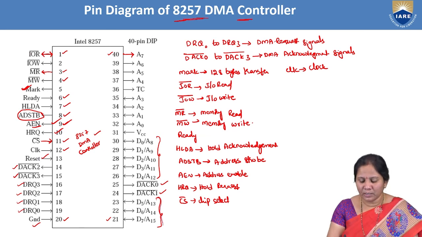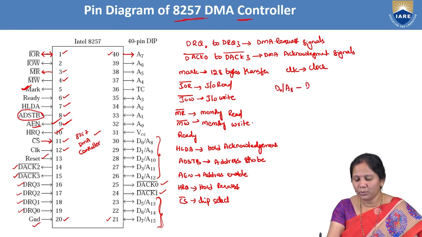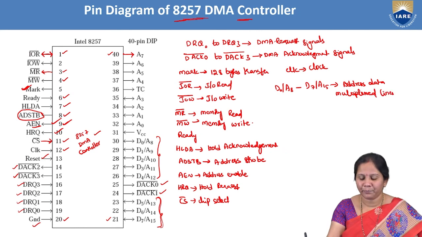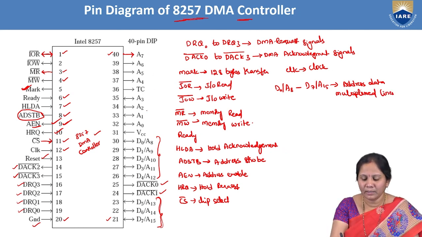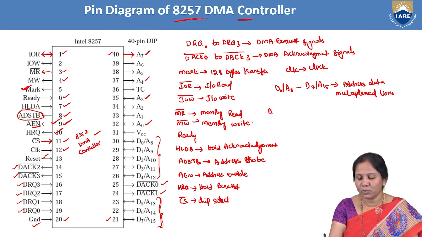Next we have D0/A8 to D7/A15. All these are address data multiplexed lines. And here we have A0 to A3 and A4 to A7, so totally we have A0 to A7, all of which are address lines.